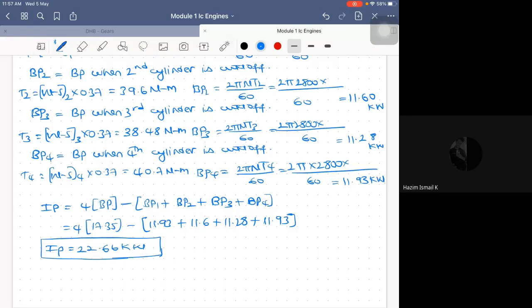Got it, everyone? If you get the same value of IP, you can raise your hands. Thereby, you come to know you have solved it.